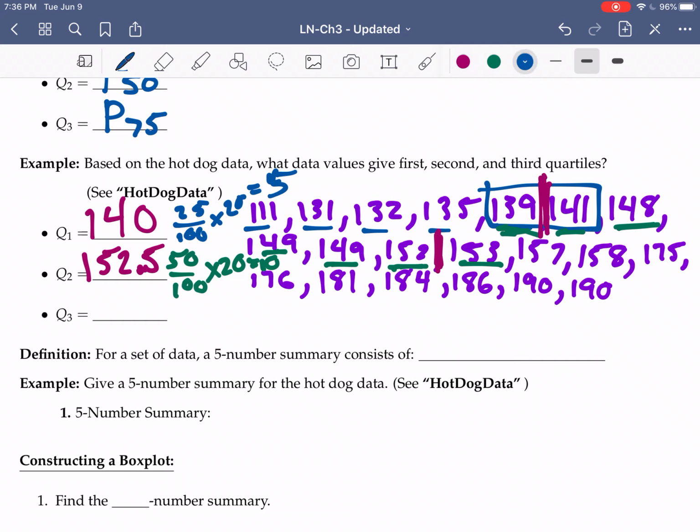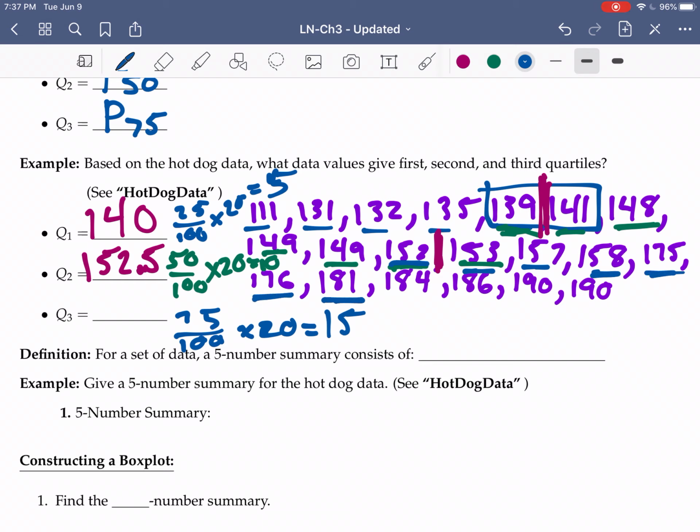And then our third quartile, we take 75 over 100 times 20, because we have 20 data values, to get 15. So we want to go halfway between the 15th and 16th value. So this was our 10th value, 11, 12, 13, 14, 15.